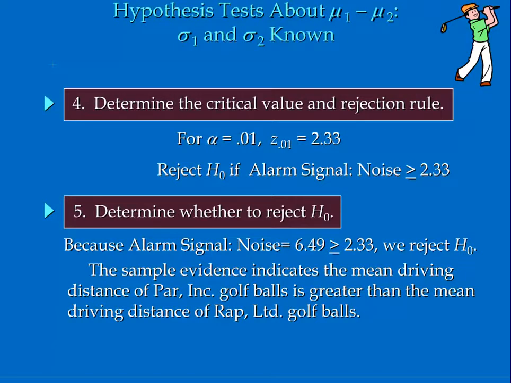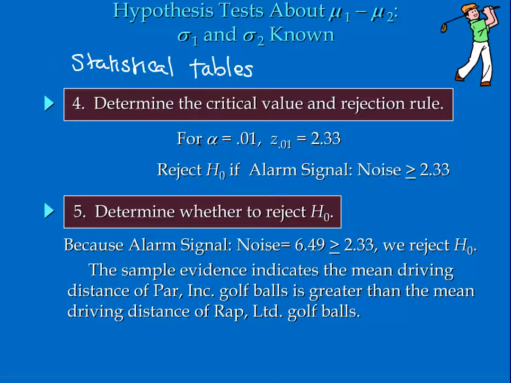Okay, so now determine the critical value and then the rejection rule. You would go to your statistical tables and pick out a value from them. With regards to the statistical tables, it is too much to do in a presentation like this.